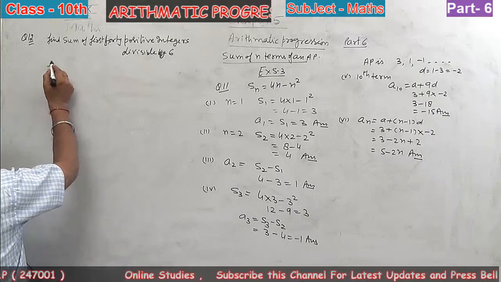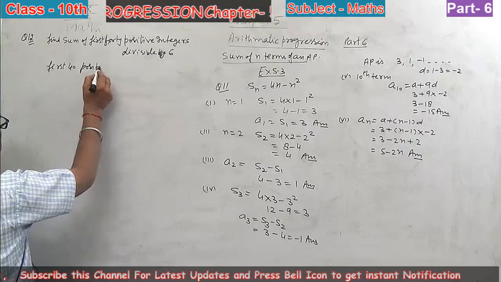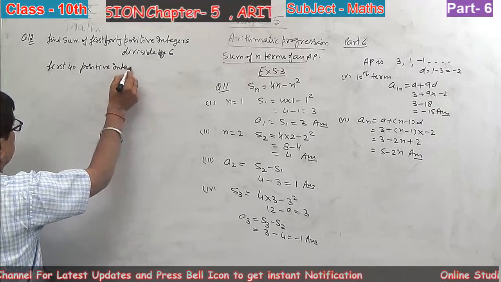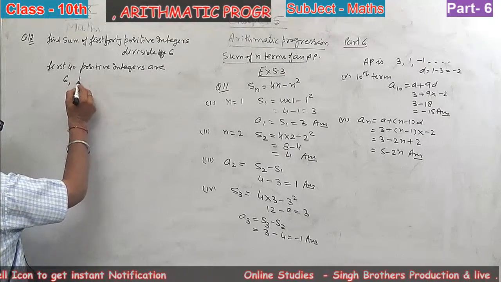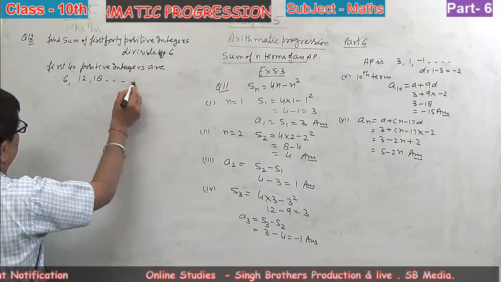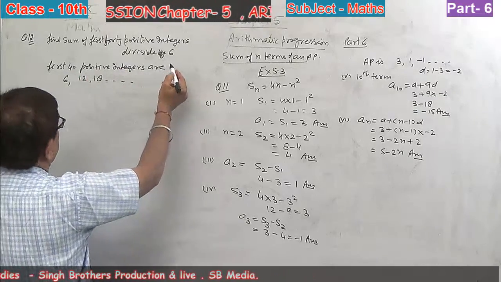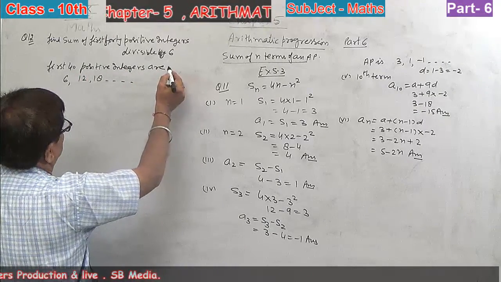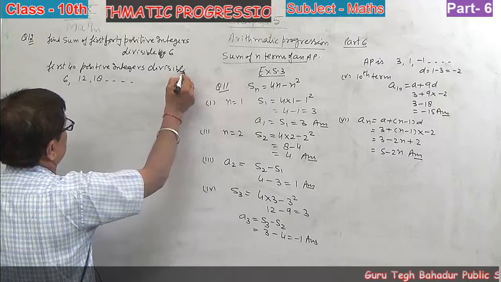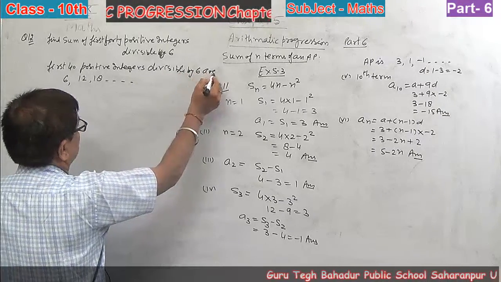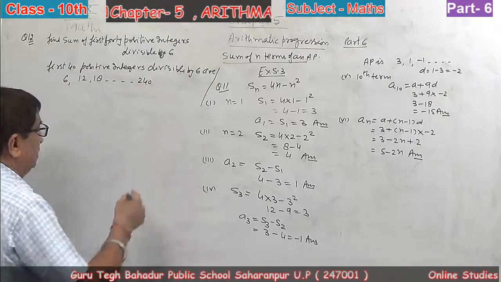So the first 40 positive integers divisible by 6 are 6 ones are 6, 6 twos are 12, 6 threes are 18 and so on. The 40th one is 6 into 40, that is 240.